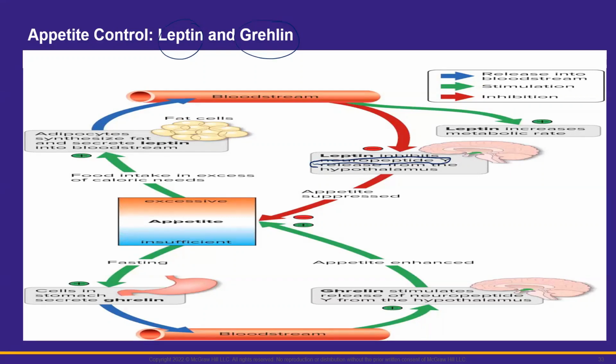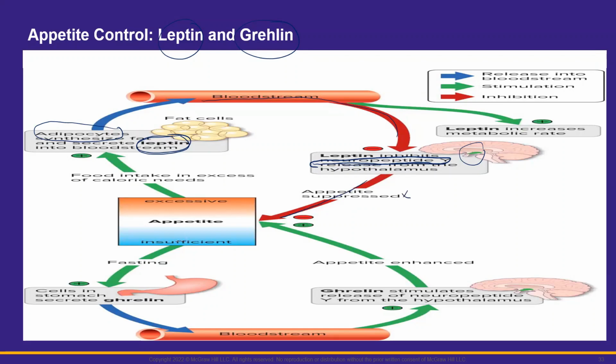Let's say when we eat, and food intake exceeds caloric need, the adipose tissue will produce leptin. It is carried by the bloodstream to the hypothalamus and inhibits neuropeptide Y production. Therefore, it decreases or suppresses the appetite.